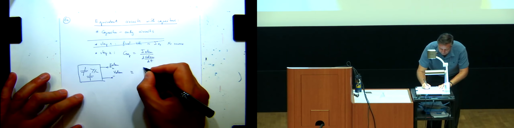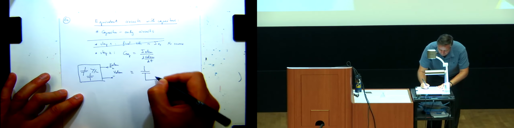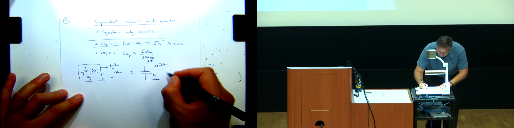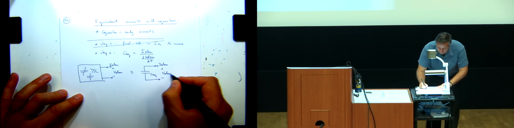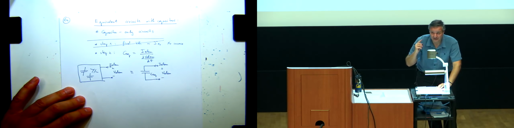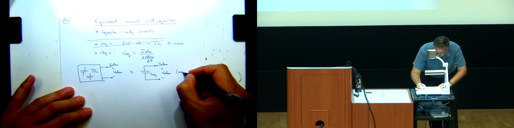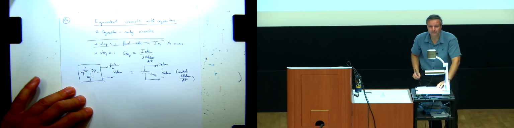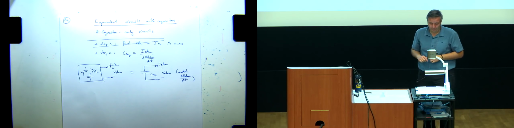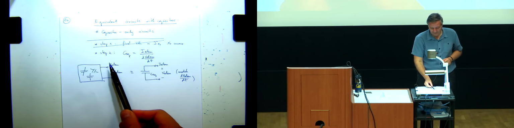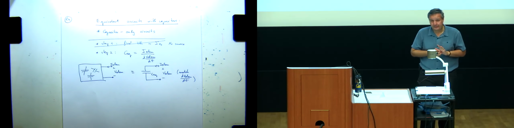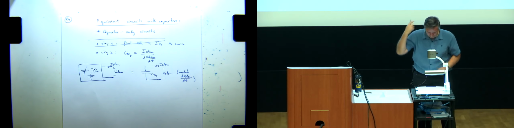I want to represent this as C equivalent that has the same I element, and V element, but I match not the V element, but dV element over dt. So these two things are equivalent if currents are equivalent and derivatives of the voltage are equivalent.